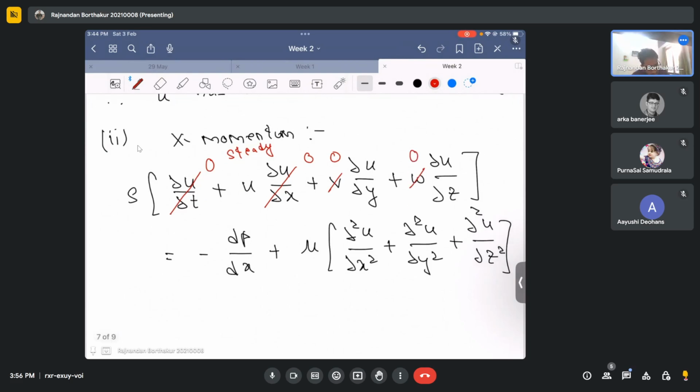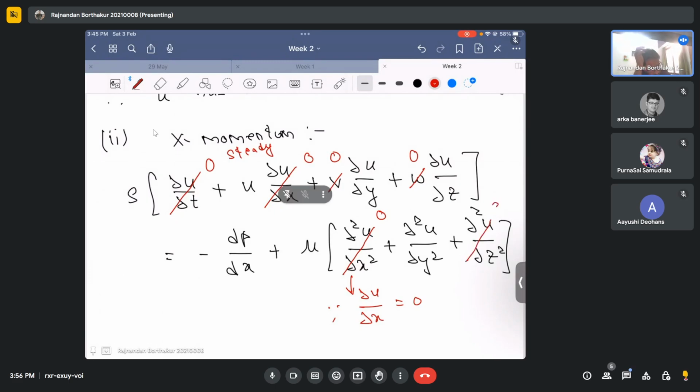Okay, then since del u by del x is 0, its derivative with respect to the x direction will also have to be 0. And since the jet direction is infinitely large, as we have said that the width of the plate is very large, its derivative with respect to z would also end up to be 0.